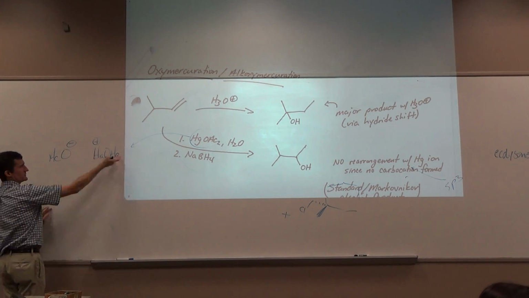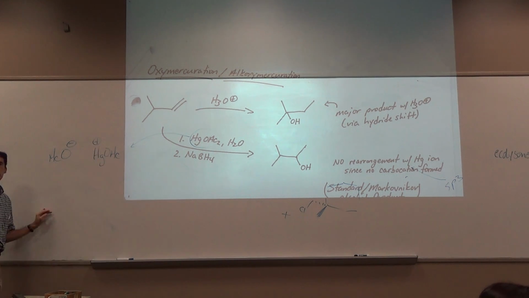In solution, this is probably ionic and it's really mercury 2 plus. But I just want a mercury 1 plus. Now the mercury 1 plus looks a lot like an H plus. And we know alkenes can attack H pluses. Well, guess what? They can also attack mercury plus.